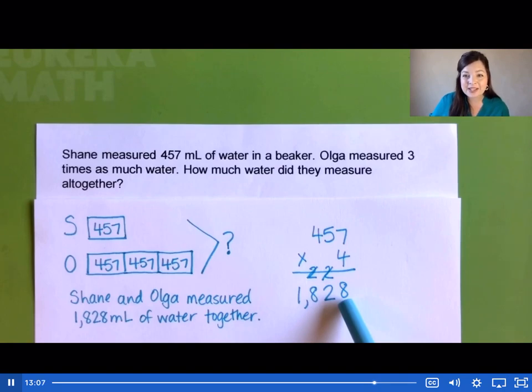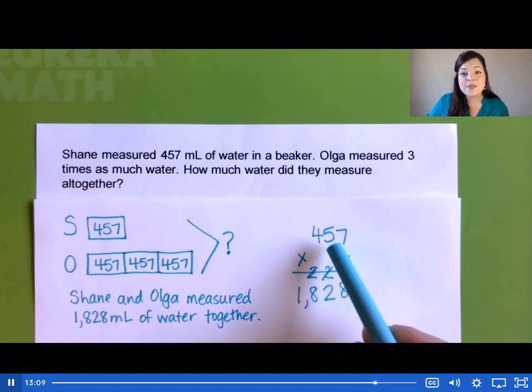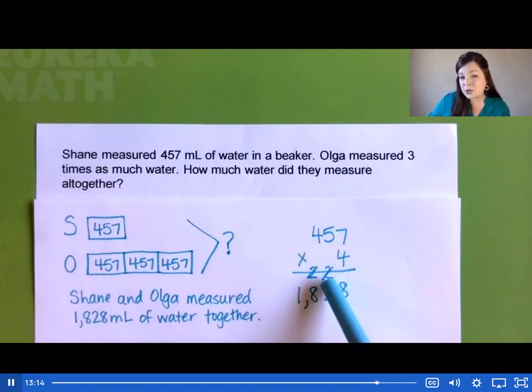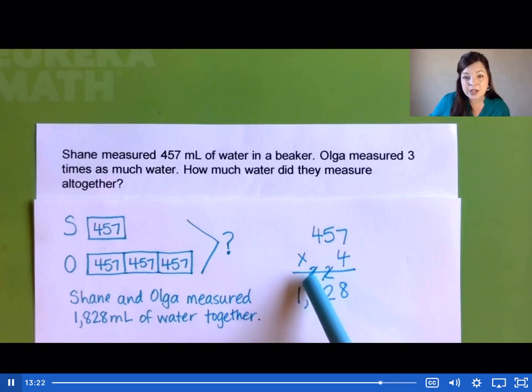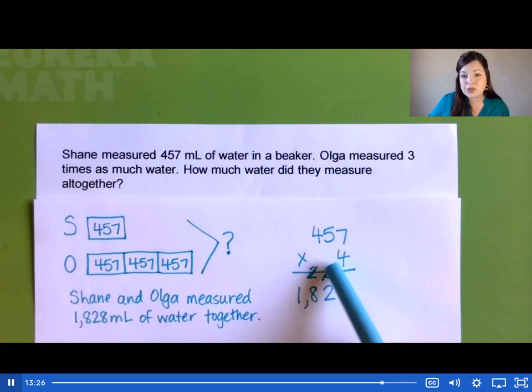Now the tens place. 4 times 5 tens is 20 tens, plus the 2 tens that we regrouped from the ones place is 22 tens. We record 22 tens as 2 hundreds on the line and 2 tens. And we make sure to scratch off those 2 tens here because we already added them in.